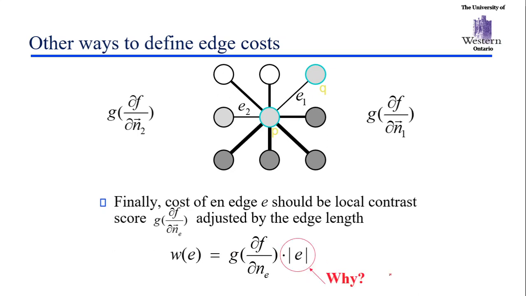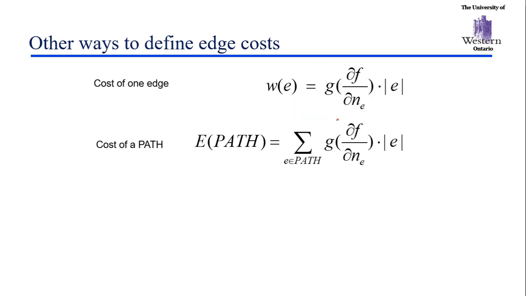Okay, so we saw last time in the previous slides that we need to multiply by the length of the edge. Here in this case the length of the edge is square root of 2, so therefore you have to multiply by that value. So the cost of an edge in this case is this one, and for the whole path we add that up.